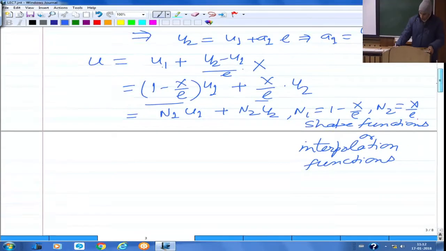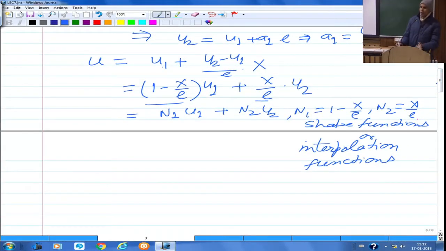The name comes from the fact that these functions decide how u varies within the element from left to right. So that is why shape function, because of the shape of u, how u varies, or interpolation. Once you know u1 and u2, you can calculate u at any point within the element by putting the appropriate value of capital X.